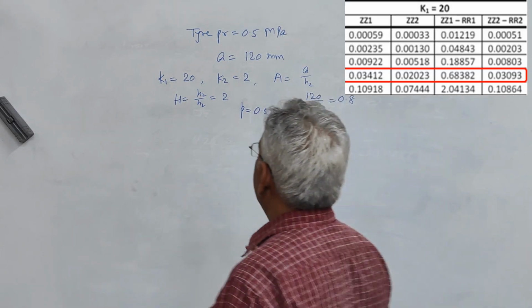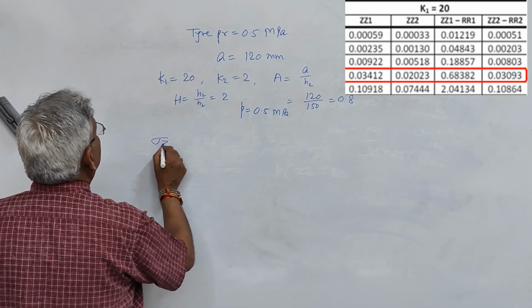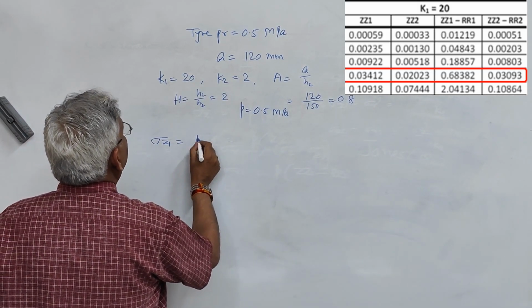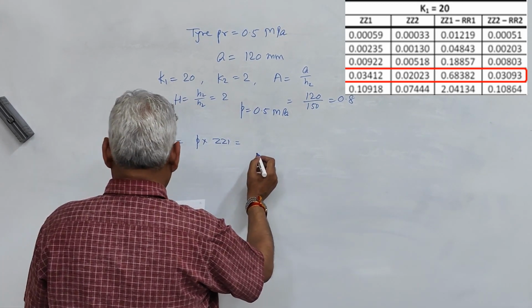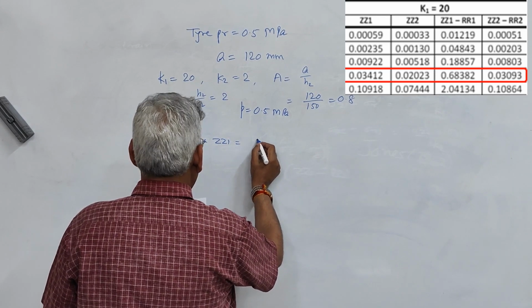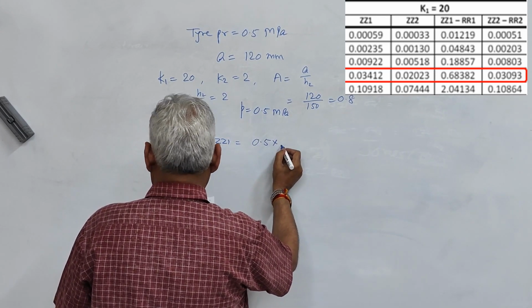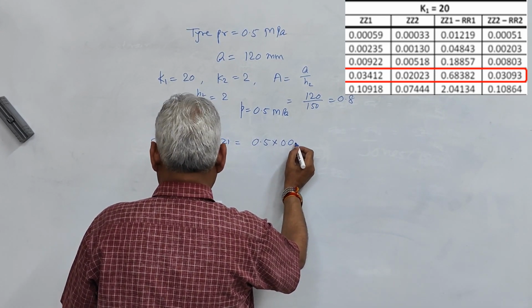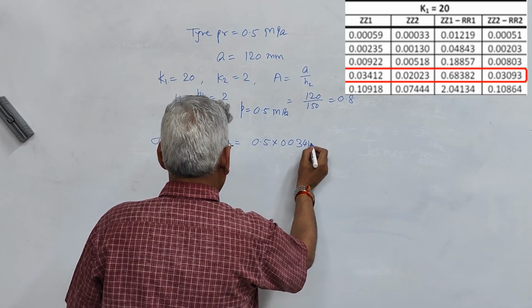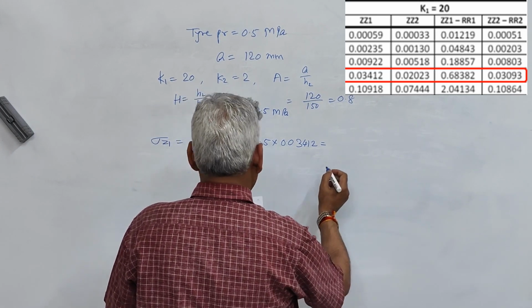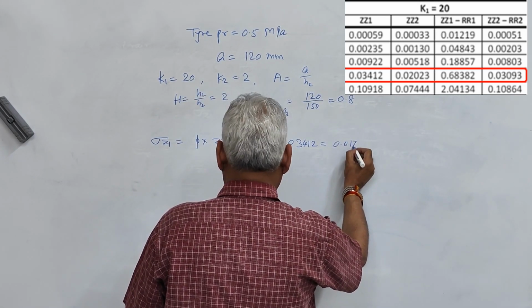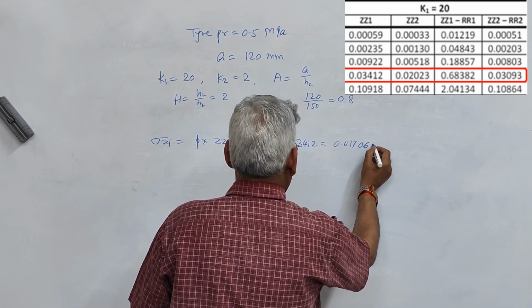So sigma Z1 will be P into ZZ1, and this is 0.5 multiplied by ZZ1, which is 0.1412, that is 0.0706 MPa.